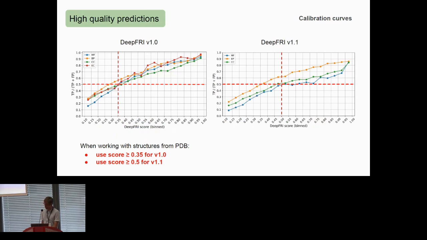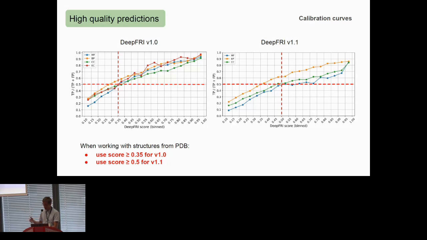Another crucial question is what threshold we should use to have reliable predictions. So here we have kind of calibration curves. On the y-axis we have precision, on the x-axis DeepFry score, and the left plot corresponds to DeepFry 1, and the right to the updated DeepFry. It's been constructed based on PDB.